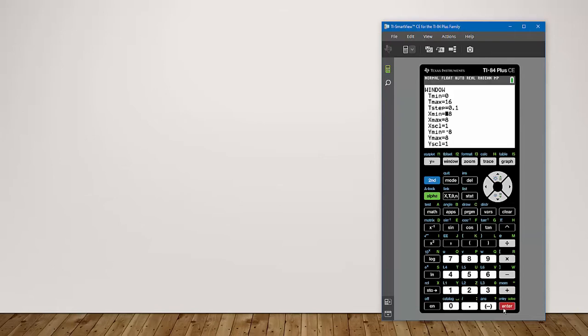So I'm going to make my x min 2, and I'll make my x max 10. And I also showed that the y's went from 0 to 12. So I'll make my y min -2 and my y max 14. Notice I always give myself just a little bit of wiggle room. So now let's look at the graph.